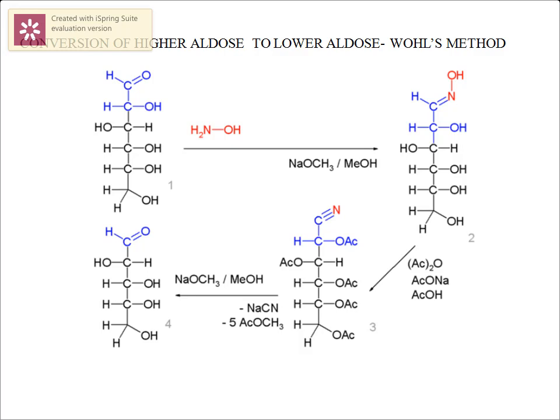You can see the blue H and red NOH. That OH goes as water and that becomes C triple bond N, a cyano group. So one carbon atom already present in glucose is converted to a CN group.